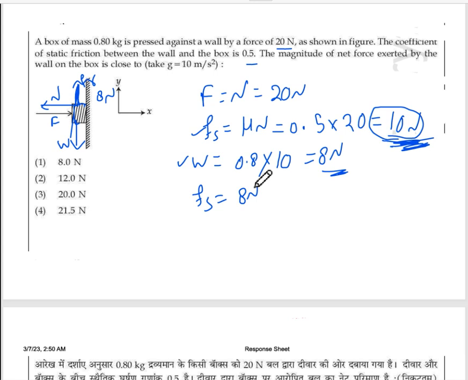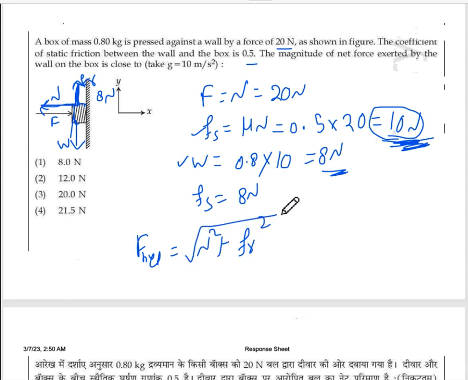So two types of force are acting here: the normal force in this direction and the frictional force in this direction. The net force F, and the angle between them is 90 degrees. So F net will become the root over normal force square plus frictional force square.